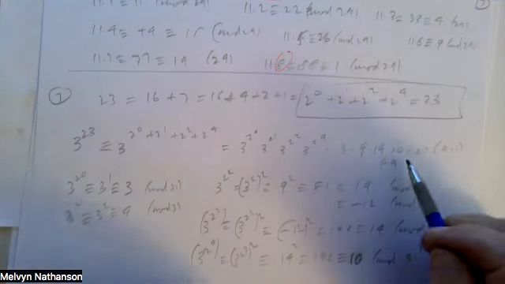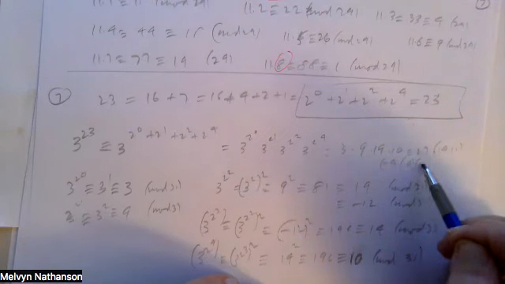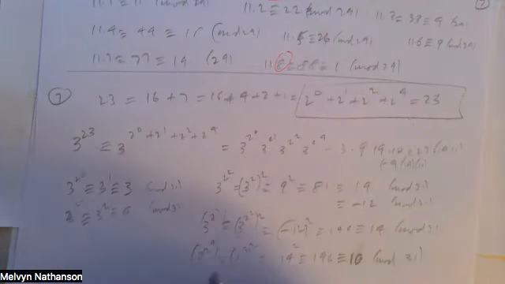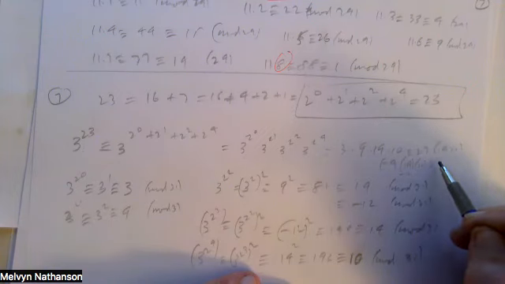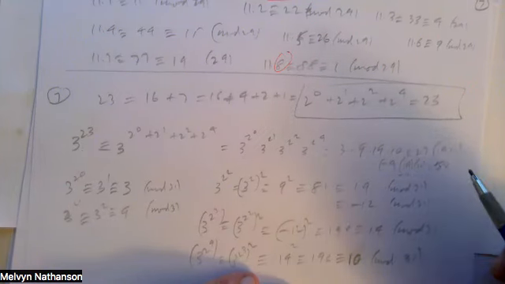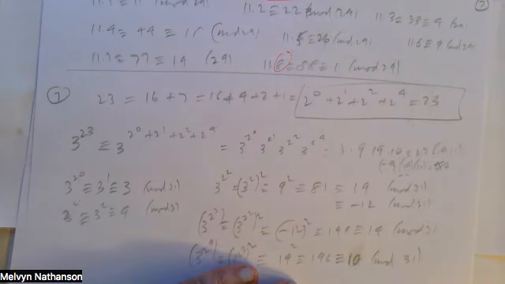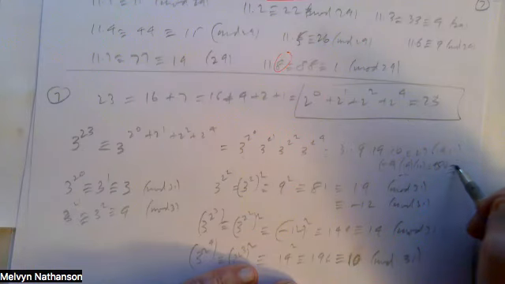Minus 4 times 19 times 10. 19 is the same as minus 12. So that's 480 mod 31. And 31 into 480, I think it goes 15 times.